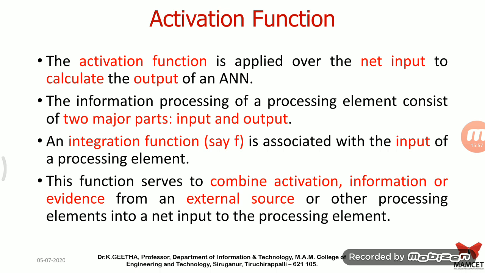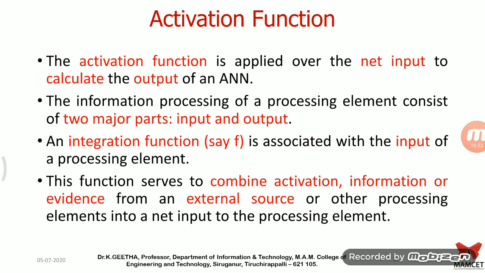The processing element output can be directed to the processing element itself or to other processing elements in the same layer. Here we should know about the activation function. The activation function is applied over the net input to calculate the output of an artificial neural network. The information processing of a processing element consists of two major parts, the input and output. An integration function, say f, is associated with the input of a processing element.